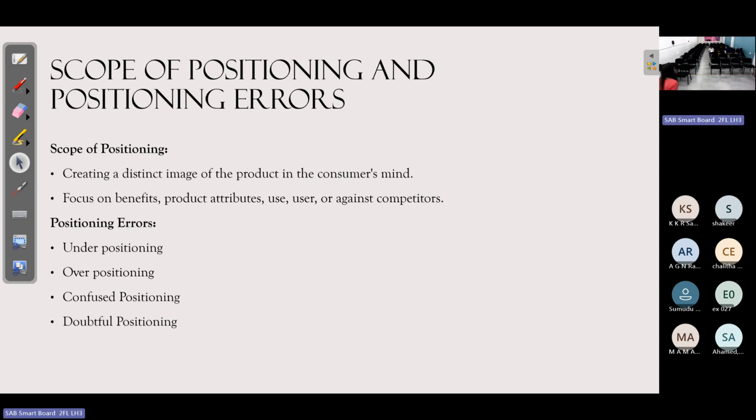Meaning providing a lack of information to consumers about the product.